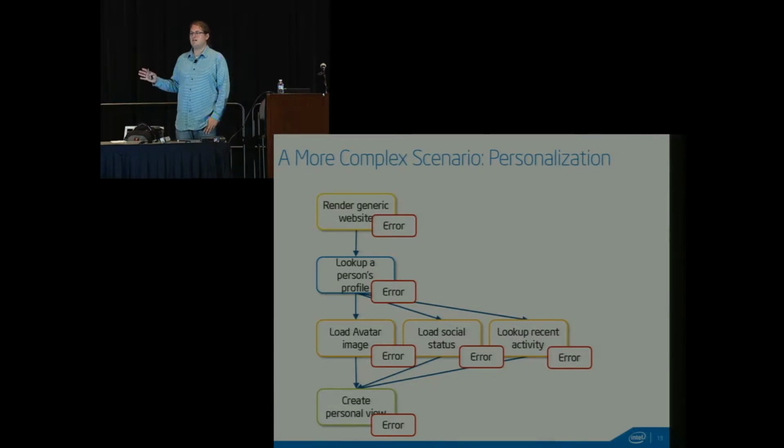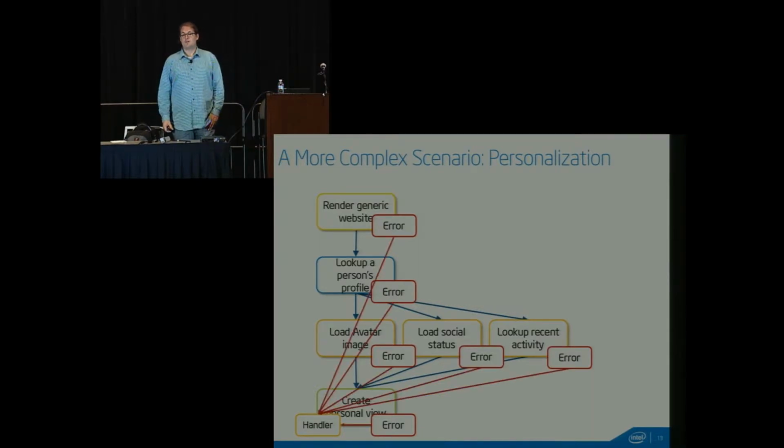But typically, you don't care about the error. What you really care about is the end result. So your error handler will typically be at the very end of this asynchronous flow. At the very end, you will say, OK, something went wrong. I cannot render a personal view. You don't actually care about what went wrong up to this point. If you have to encode this in callbacks, you end up with a lot more callbacks in your graph.